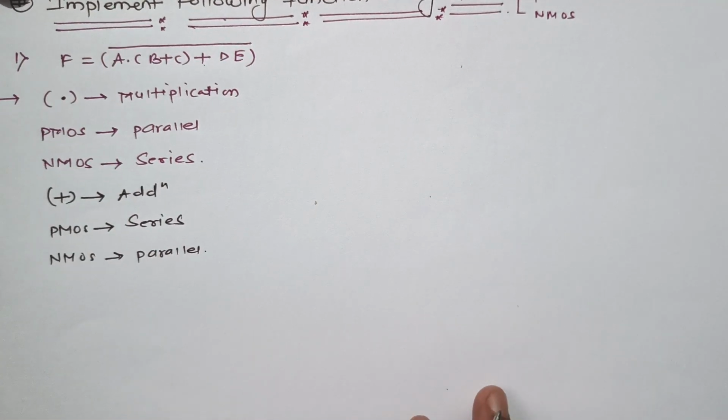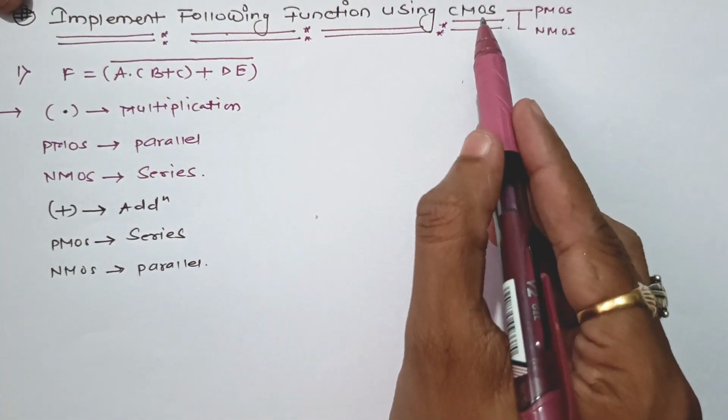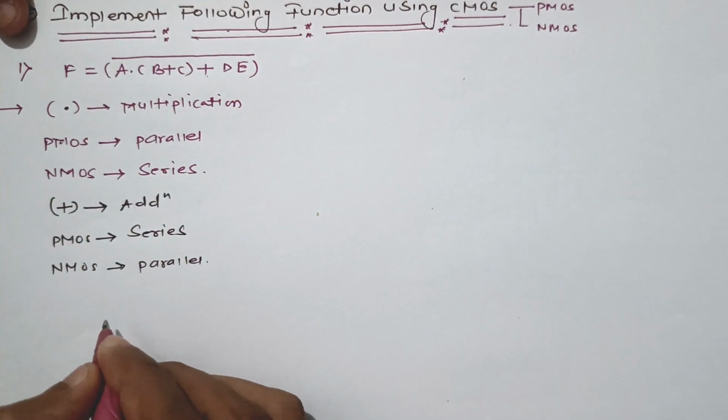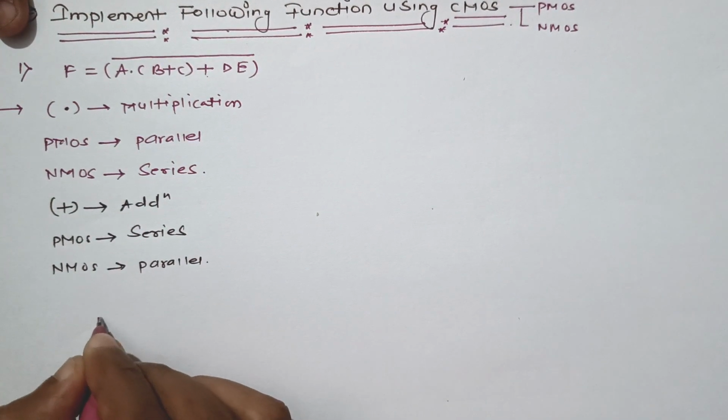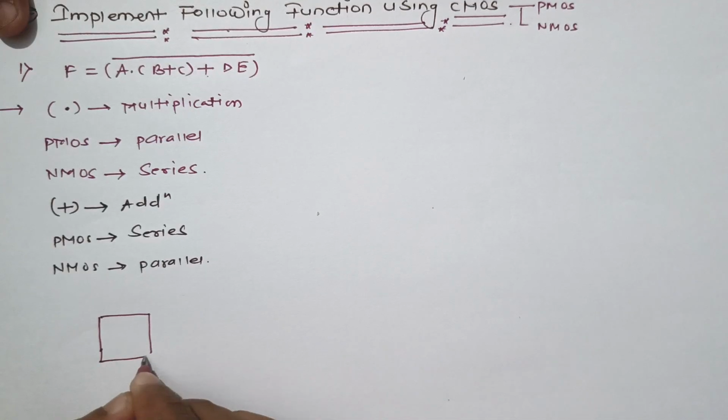Now how can you do this? For that, we'll revise the concept of CMOS. In case of CMOS, we will have a cascade arrangement of pull up and pull down network.